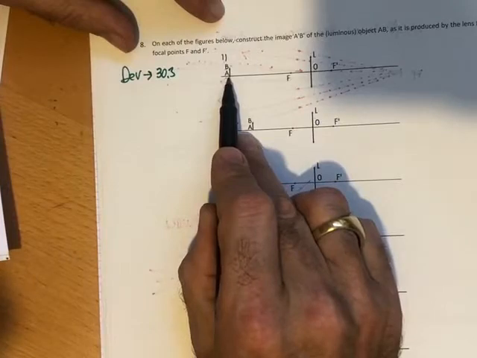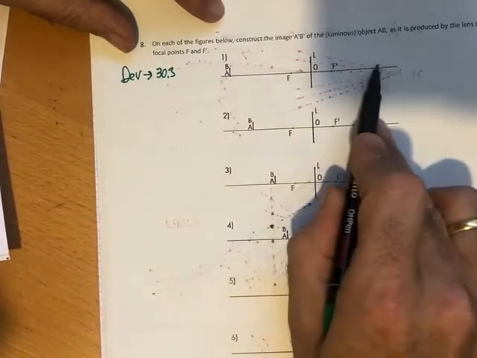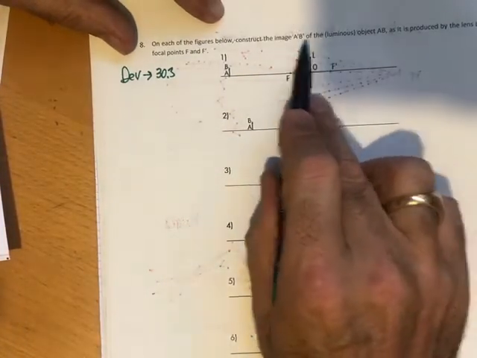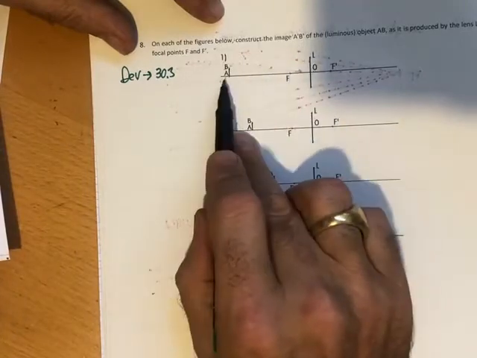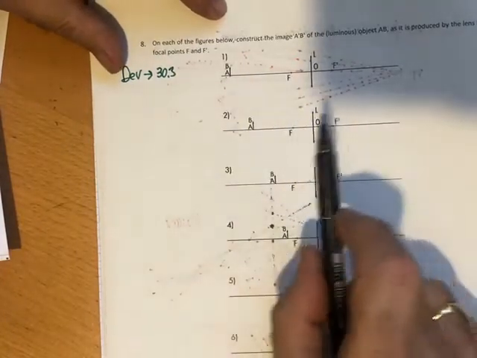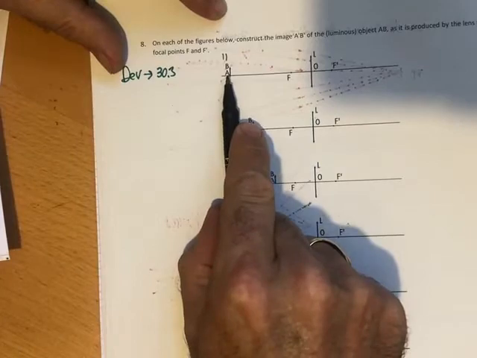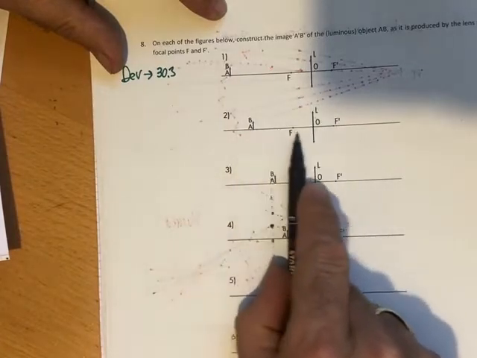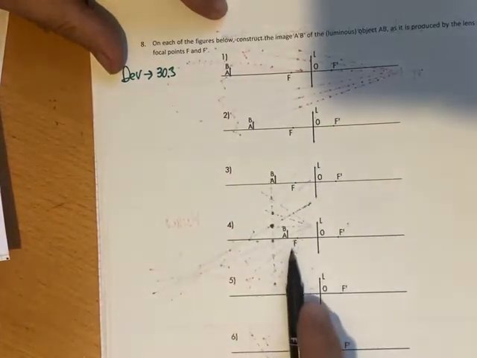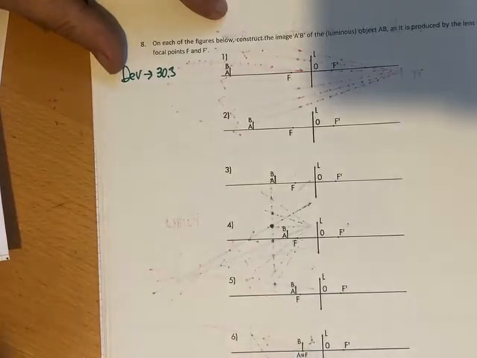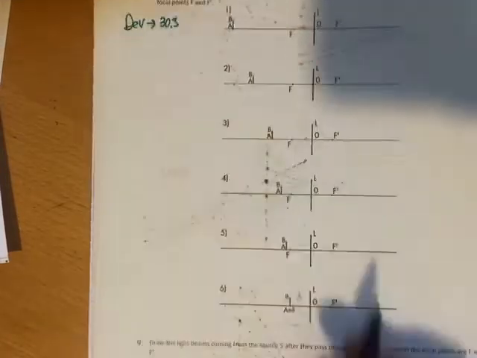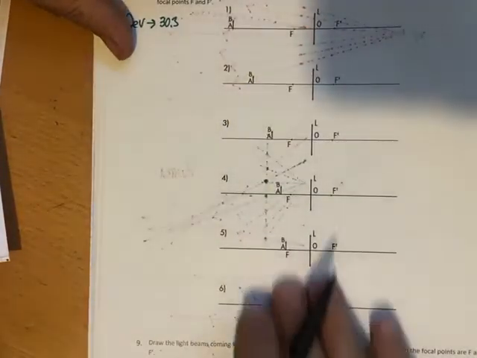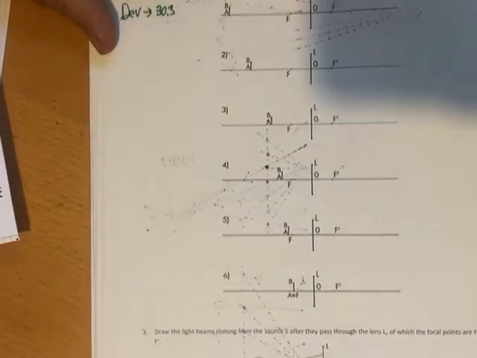The object goes from point A to point B, and we want to find the image A prime, B prime of the object AB. You will see different situations in which AB is far from the lens, closer to the lens, and then also where the object AB is at the focal point. You will see what difference it makes. So just draw these different cases according to the rules we set.